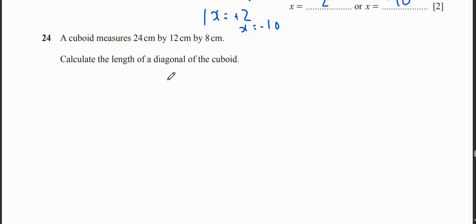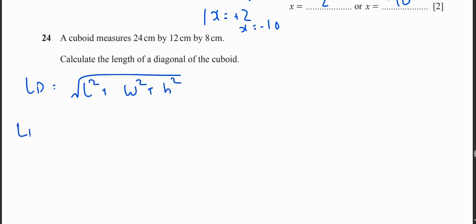So look guys, I'm going to teach you a technique to calculate the length of the diagonal. Whenever you have to calculate the length of a diagonal in a cuboid, you will use this formula. LD is equal to under root L square plus W square plus H square.